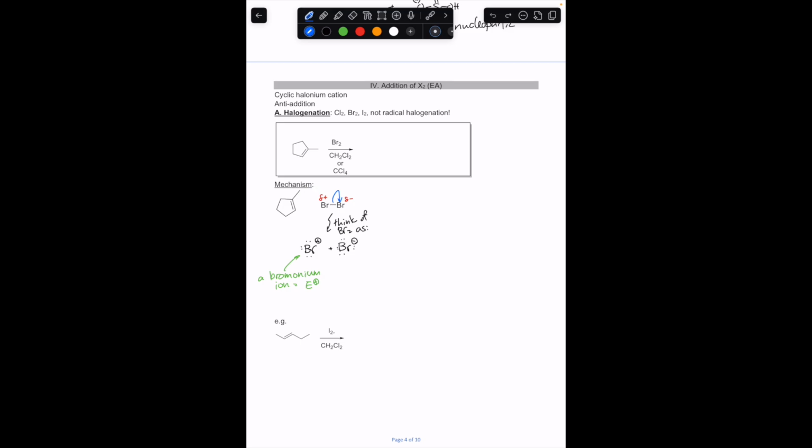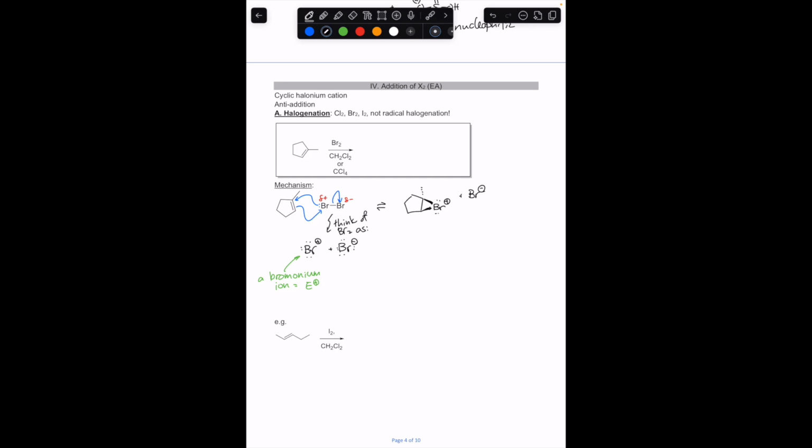So, I want you to think of this as these three arrows simultaneously happening. Now if that happens, I'm just going to, in this specific case, assume that bromine approached from the front face. So that's what you would get, plus the bromide, right?